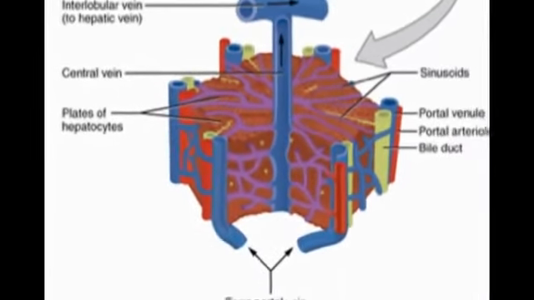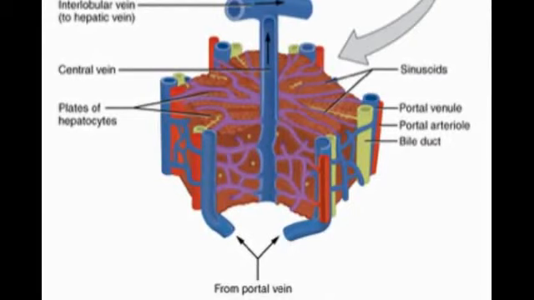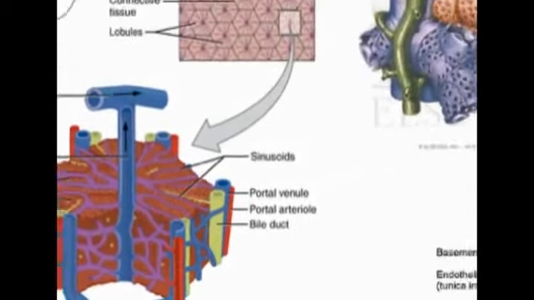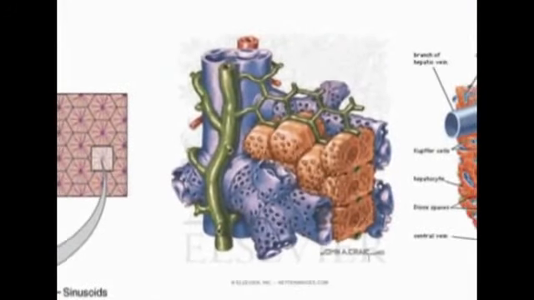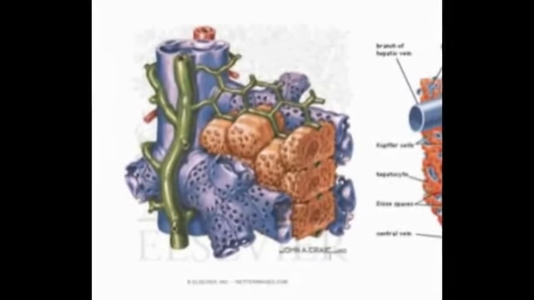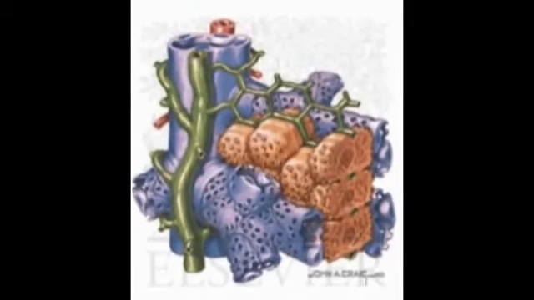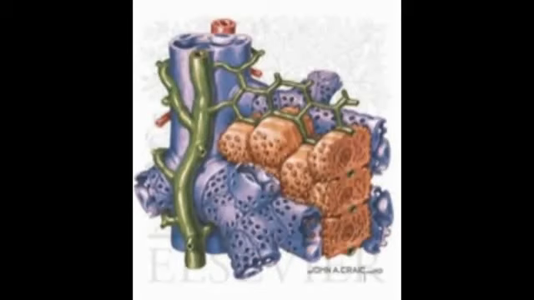As I told you, this is the flow of non-oxygenated blood, but full of nutrients. Each branch of the portal vein goes with an artery from the hepatic artery, and with a bile duct and the lymph vessel also. This is the main structure of the liver.